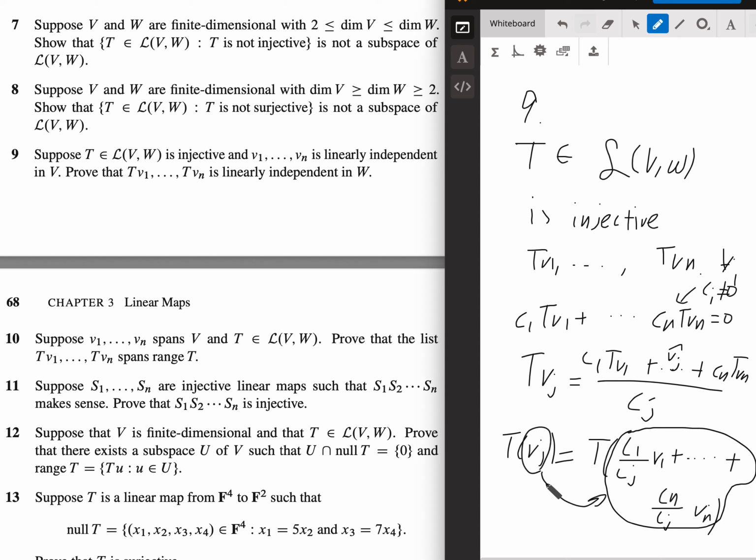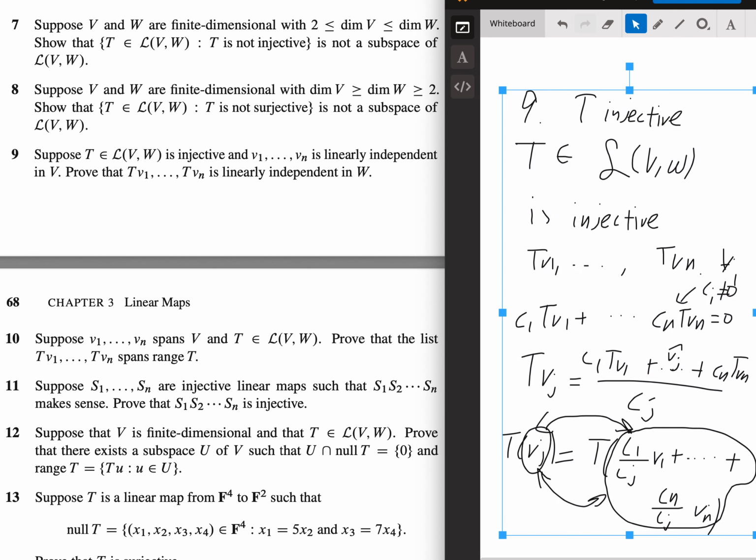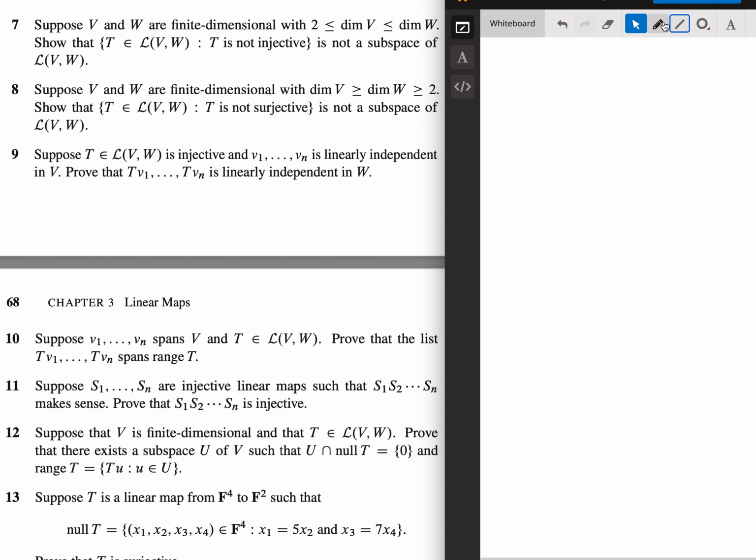Because if these two are equal, that means V1 through Vn aren't really linearly independent. That's quite a bad situation, so you arrive at a contradiction. Of course, these two inputs must be equal because T is an injective map. So if the transformation of this is equal to the transformation of that, then this and that must be equal. So that's question 9.